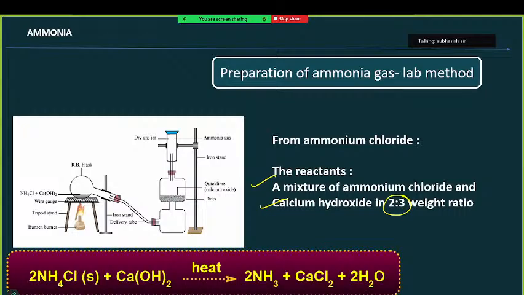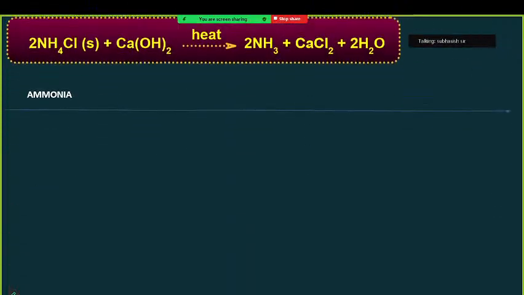So ammonium chloride reacts with calcium hydroxide to form ammonia, and that ammonia is passed through quicklime, calcium oxide, and then collected by downward displacement of air.